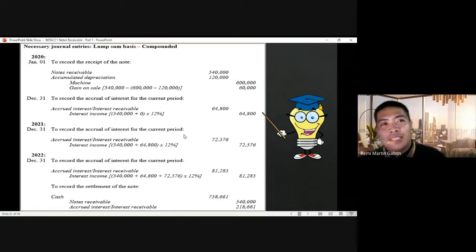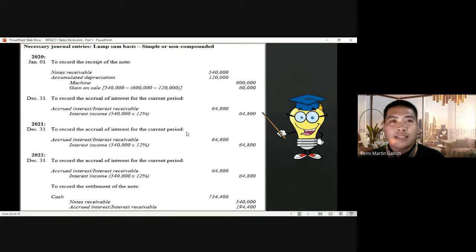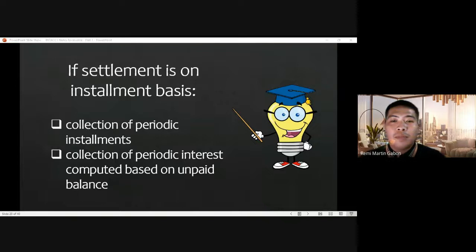Sige. So yan ha, lump sum basis. Proceed naman tayo sa installment basis. Our procedure with installment basis, first, there's collection of periodic installment. Then afterwards, the simultaneous recording of collection for the periodic interest. Yan lang.